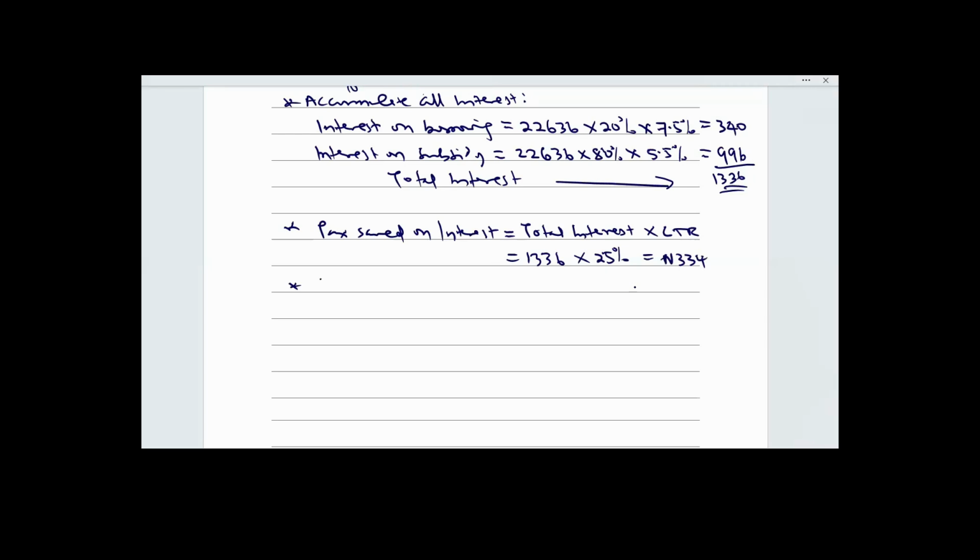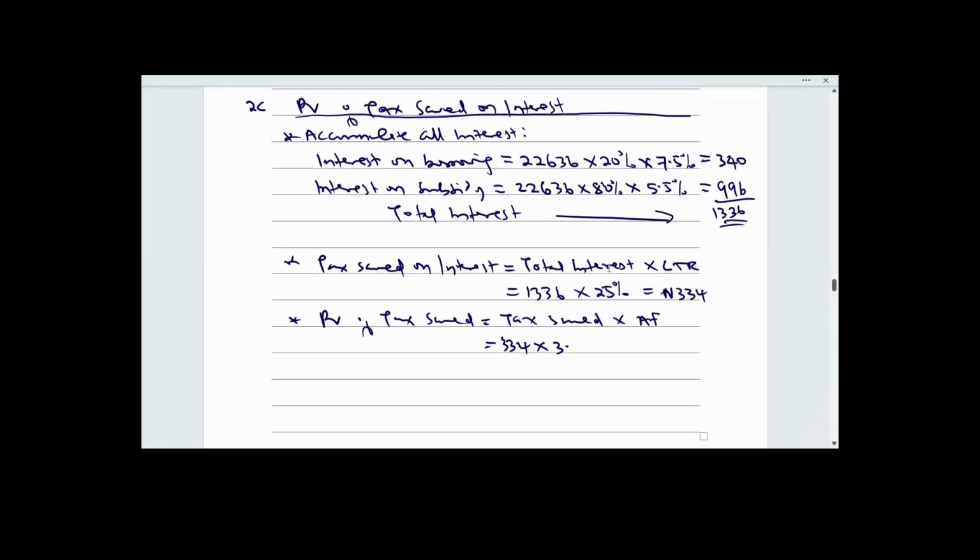Finally, you calculate the PV of tax saved, which is equal to the tax saved multiplied by the annuity factor. Tax saved is 334 multiplied by the annuity factor, 3.349.